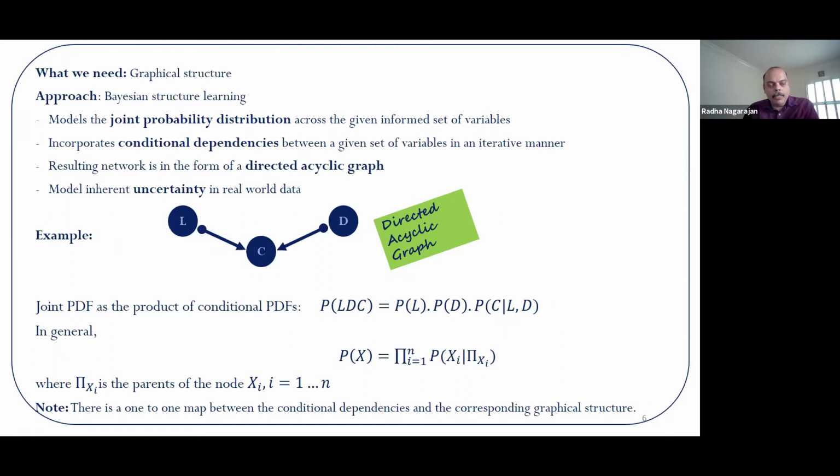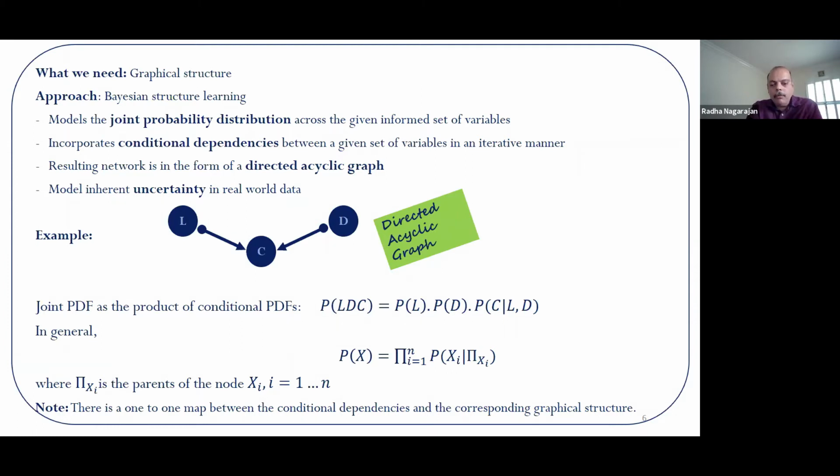So an example of a directed acyclic graph is shown where we have L and D who do not have parents and affect the value of C. So the joint probability distribution of this graph is given by probability of L, product probability of D, and probability of C, conditioned on L and D. So in general, you have the equation shown below, P of X equals product of P of Xi conditioned on pi Xi, where pi Xi essentially represents the parents of Xi.